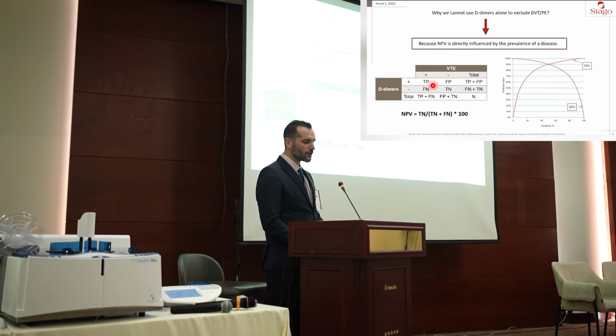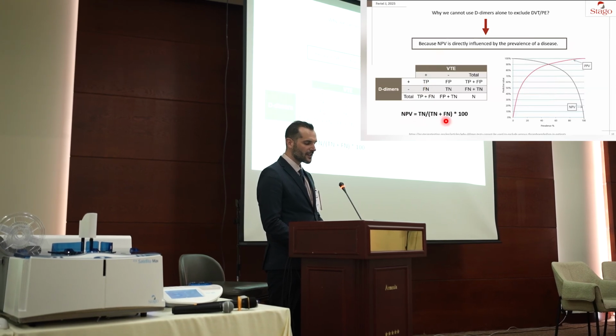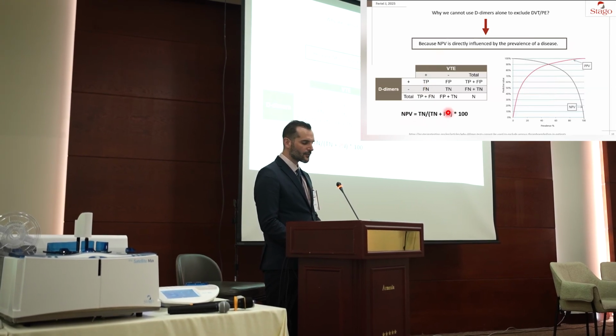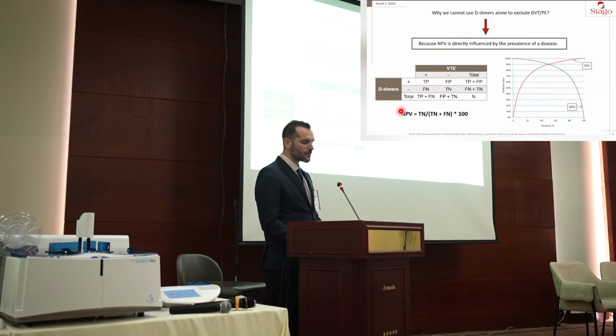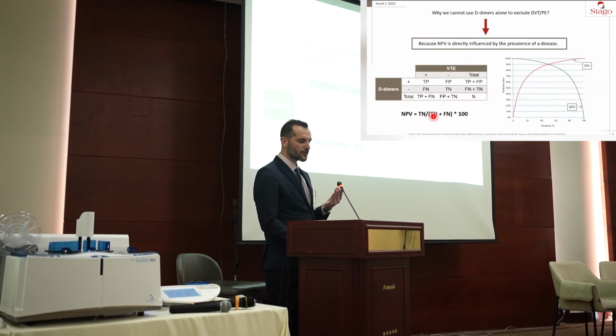And if you increase the prevalence of VTE in your population, you will increase the number of false negative results. And if you increase the number of false negative results, the negative predictive value will decrease. So to sum up, as the prevalence increases, the negative predictive value decreases.